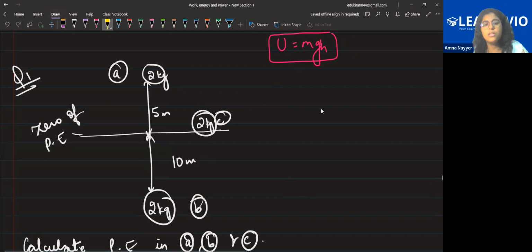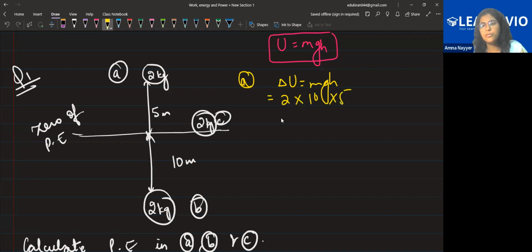If the formula is mgh, so in the first part, this A part, delta U is equal to mgh, right? Mass is 2, g is 10, height is 5, so 2 into 10 into 5, 100 joules, correct. But now in the B part, which is beneath, when this is the zero of potential energy, this is the reference line.